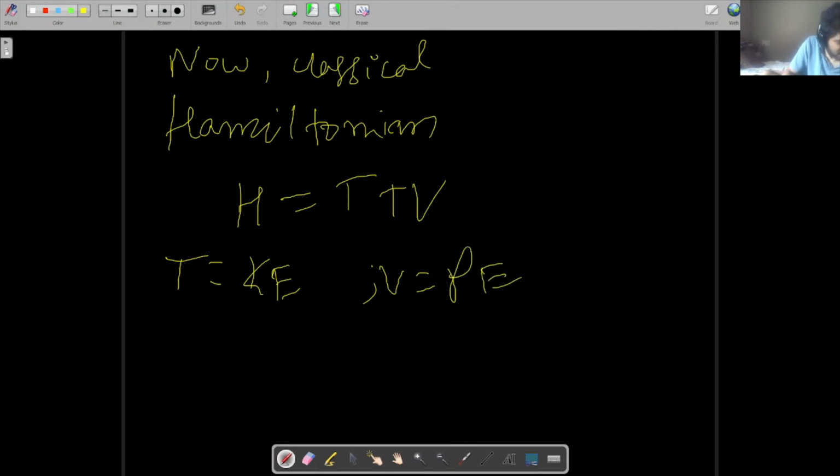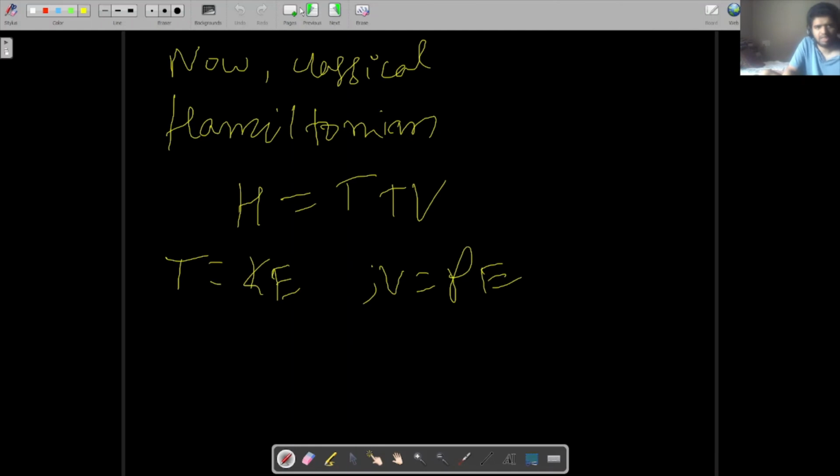Quantum mechanical Hamiltonian. Either you can call it Hamiltonian or you can call it Hamiltonian operator. Both mean the same.